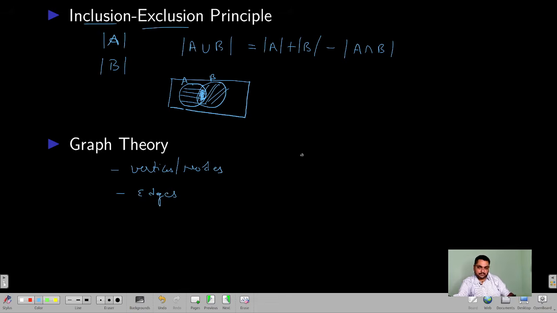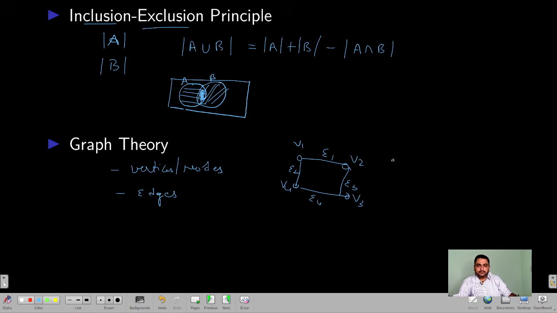So let us take a simple graph with 4 vertices or nodes v1, v2, v3, v4. Let us say E1 connects v1 and v2, E2 connects v1 and v4, E3 connects v2 and v3, and E4 connects v4 and v3.